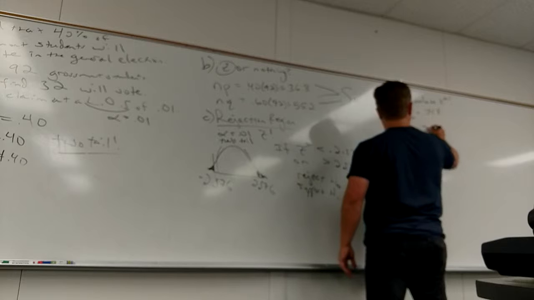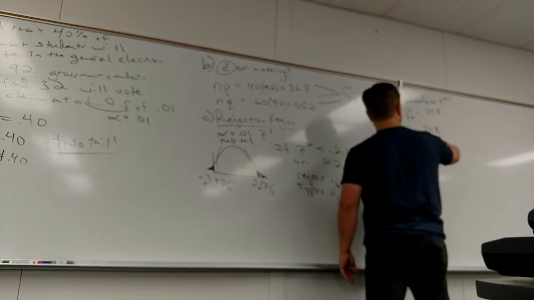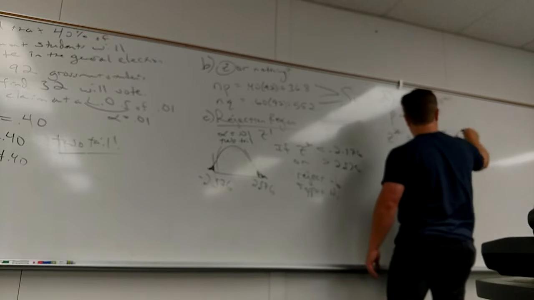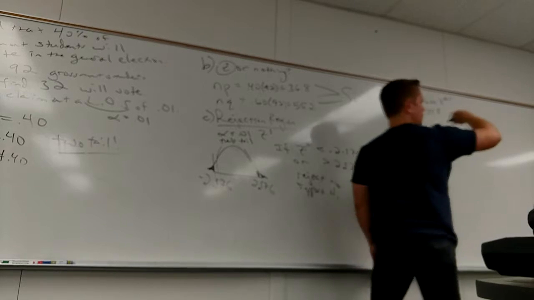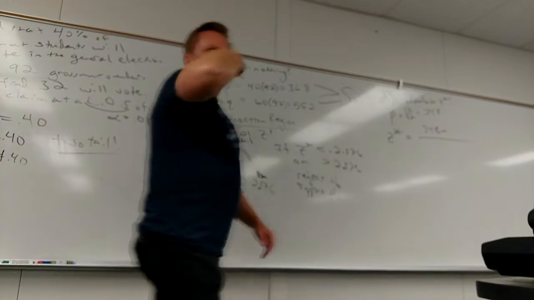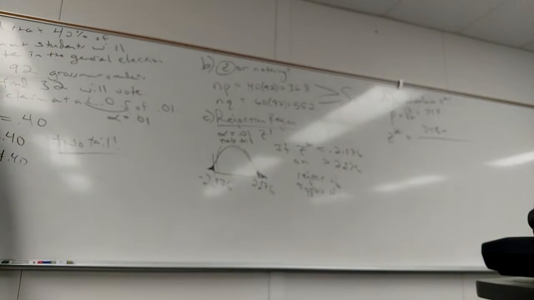So it's my stuff, from the sample, minus what? What am I comparing that to? Oh, what we think it is. Yes, 0.40. We always compare it to what the H0 thinks it is. Assuming this is right, we're going to try to do something so crazy that it's evidence it's wrong.